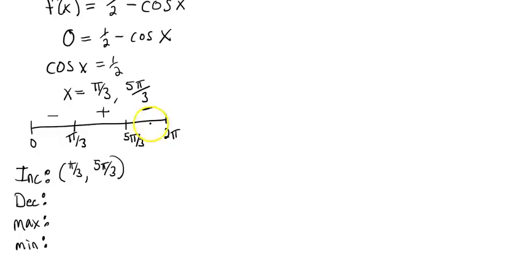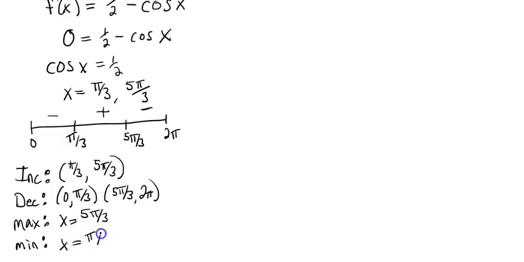Decreasing means it was negative, so between 0 and pi over 3, and between 5 pi over 3 and 2 pi. You would have a max where the derivative changes from positive to negative, so at x equals 5 pi over 3. And you would have a min where the derivative changes from negative to positive, so that would be at pi over 3.